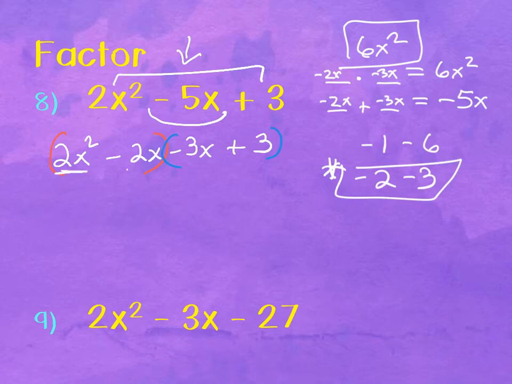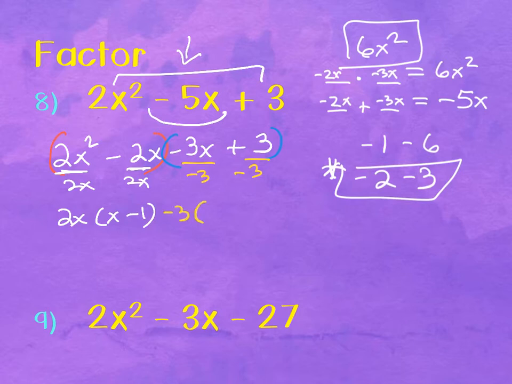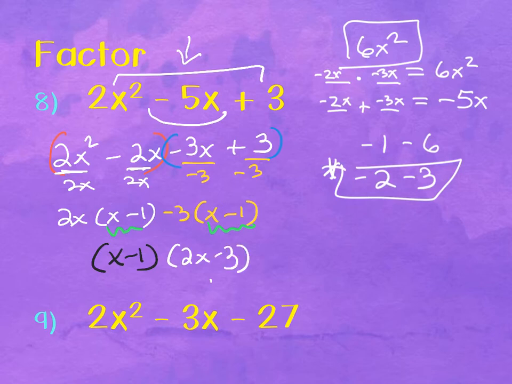GCF of first group is going to be 2x. GCF of second group is going to be -3. Because remember, after you divide, you want the 2 parentheses to look the same. They look the same. They both have x minus 1. So I write that. And then I take the 2x and the -3 and put it together. And you're done.